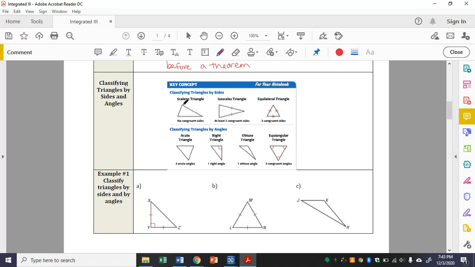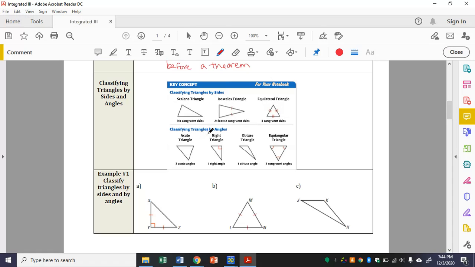All 3 sides will have different lengths. An isosceles triangle has 2 side lengths with the same measurement, and you'll see that with these little tick marks. That's how you know that side lengths are congruent. And an equilateral triangle means all 3 of those sides are the same.